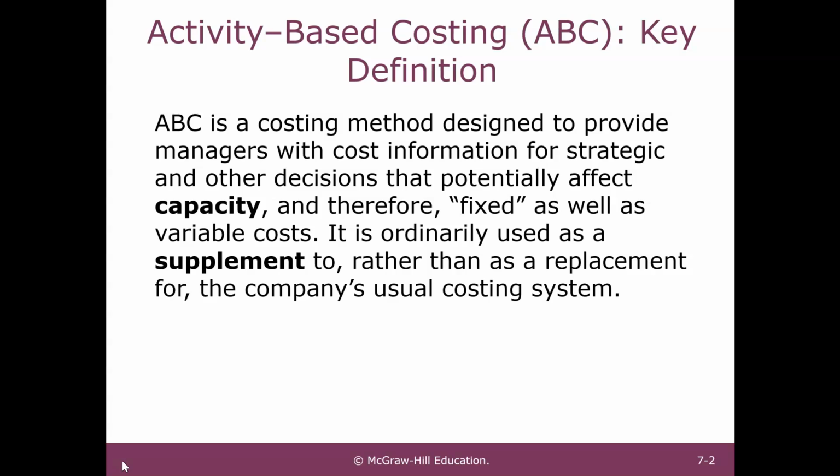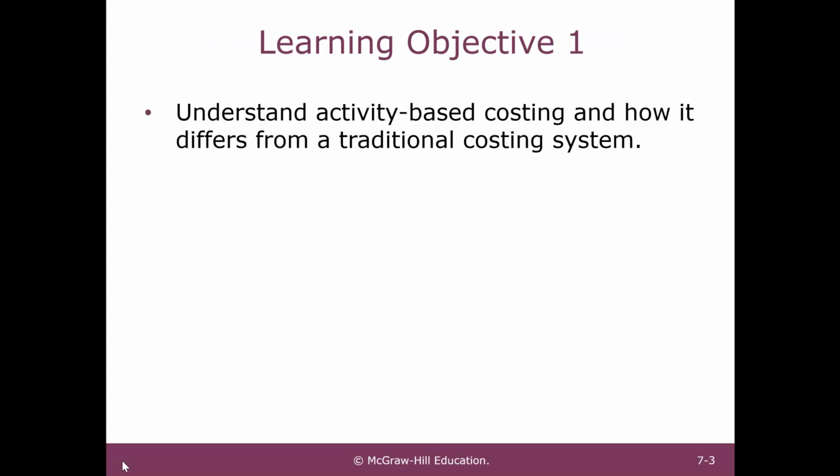They look at capacity, which means that they'll have to use the variable costs as well. And this is not a replacement for a costing system such as job order costing. This is used in addition, internally, to help make management decisions.